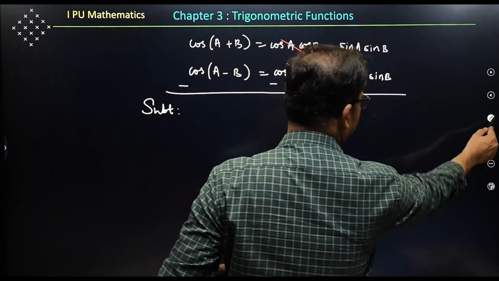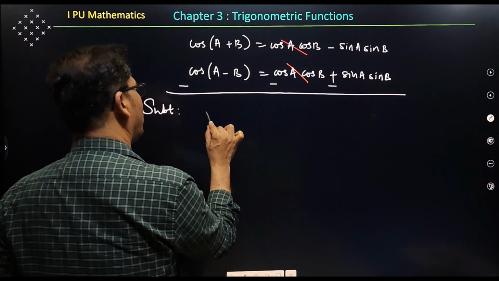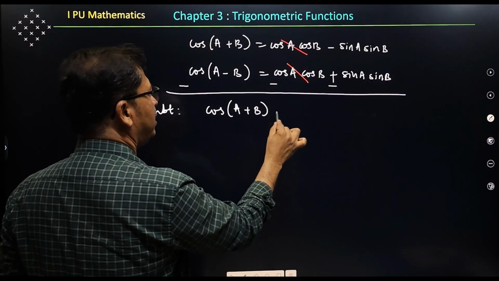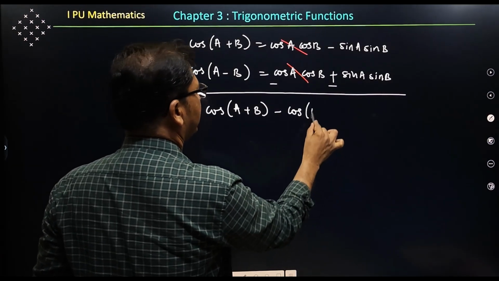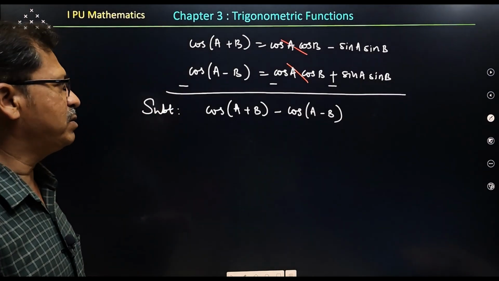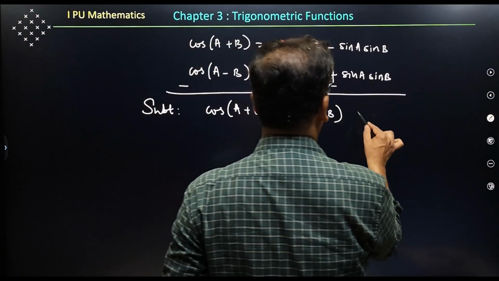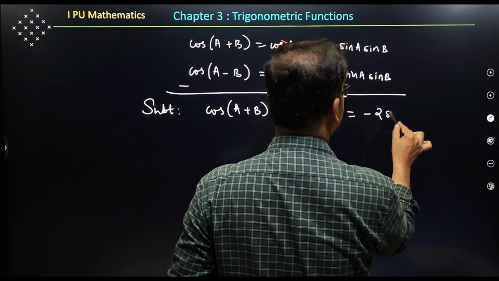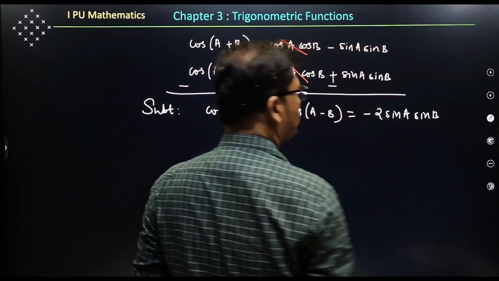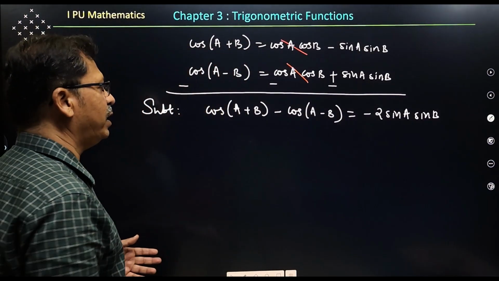Then what remains? Cos of a plus b minus cos of a minus b is equal to minus 2 times sin a into sin b. So as a result of this, what we can write?